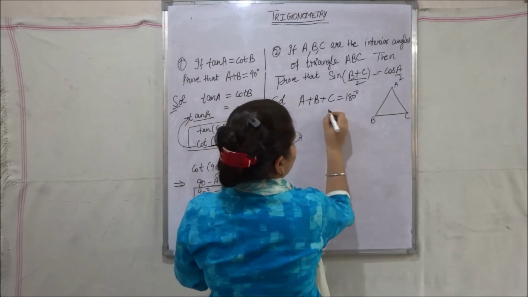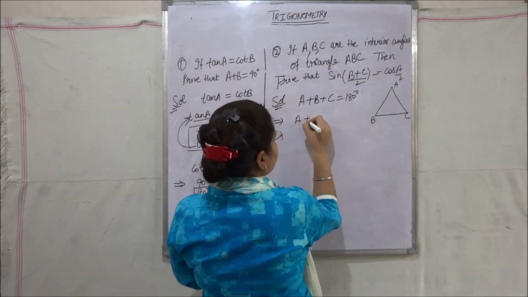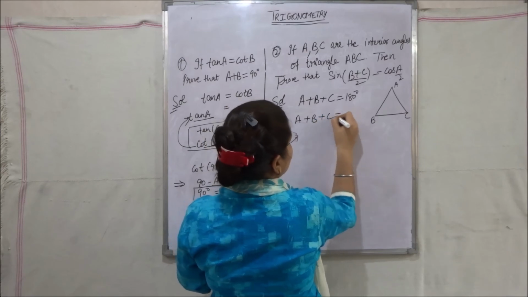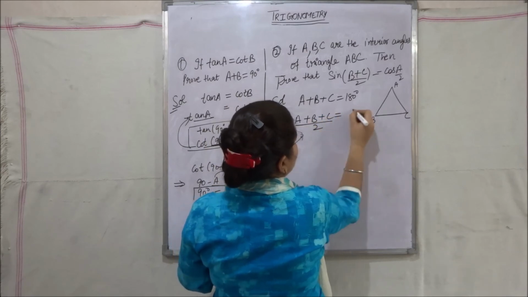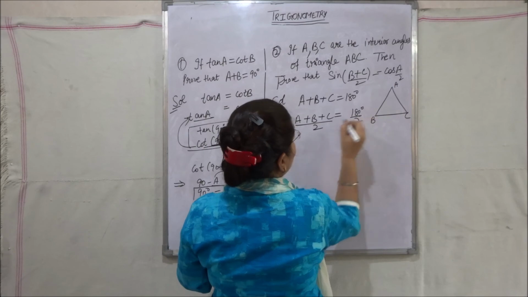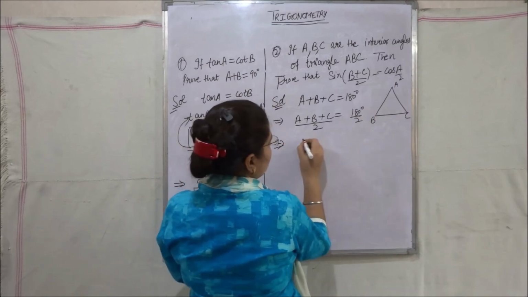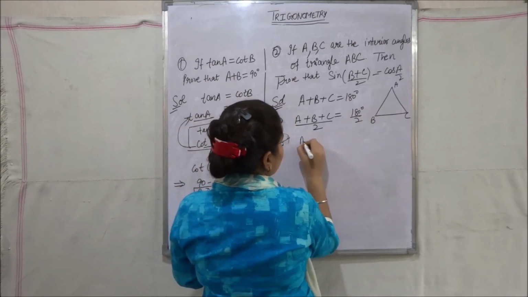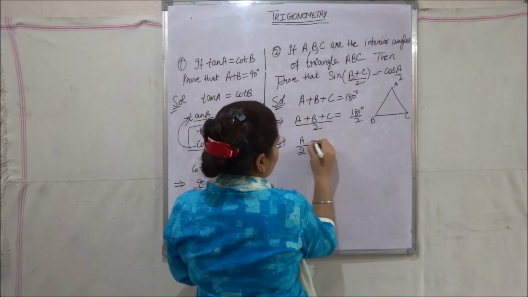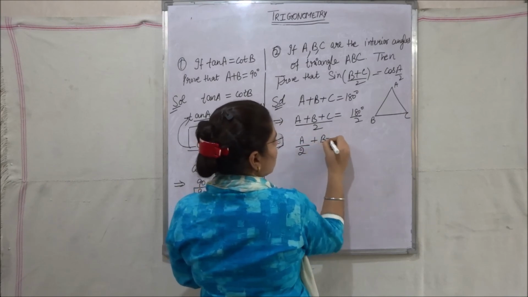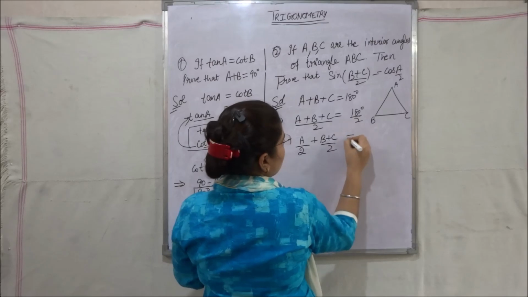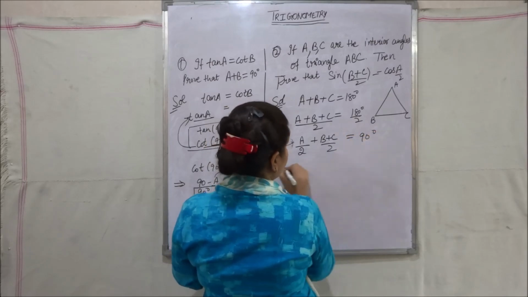Now dividing by 2 on both sides, A plus B plus C upon 2 equals 180 degree upon 2. So we will separate it: A upon 2 plus (B plus C) upon 2 equals 90 degree.